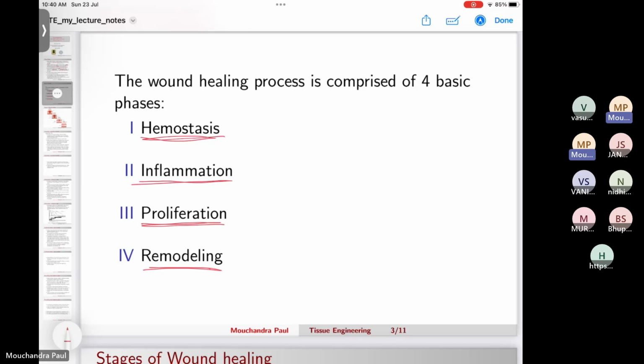When we talk about the biomaterials part and how the scaffold is made, there we will discuss what phases are involved, or how the host, that is our body, reacts to the external or foreign material, that is the tissue graft. But here we are talking about the simple wound healing that normally happens when you get a cut on your skin or any kind of internal injury, etc. Okay, so talking about that only.